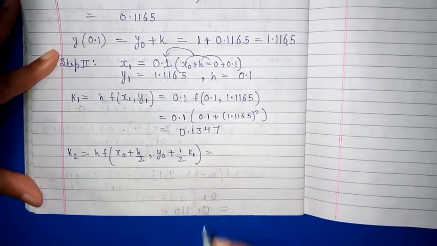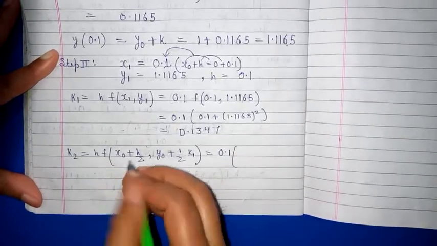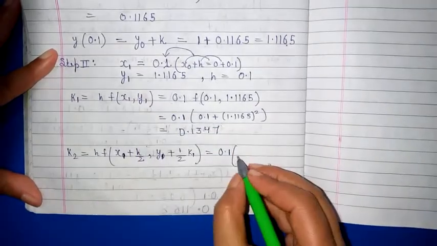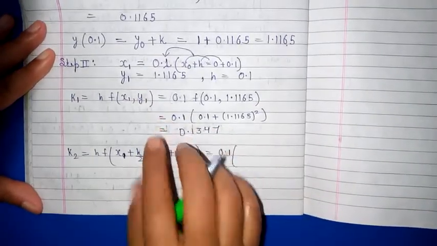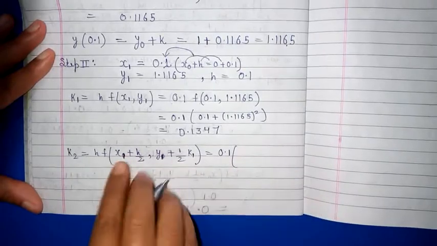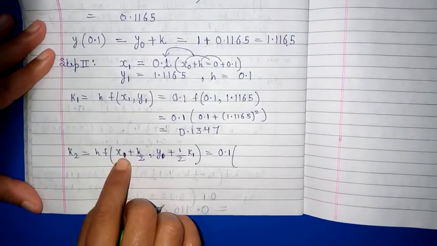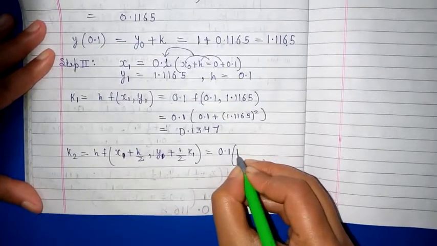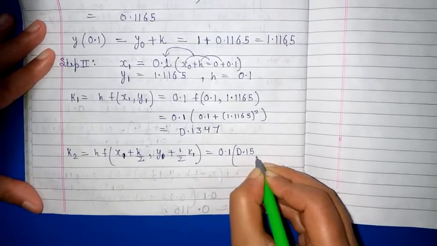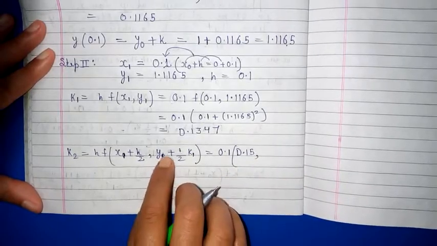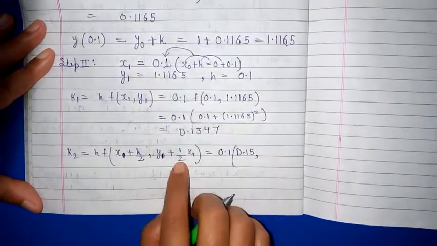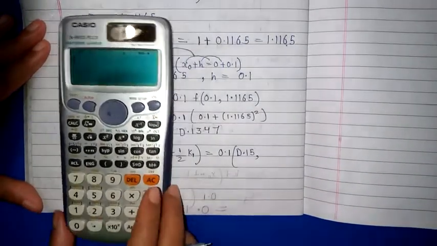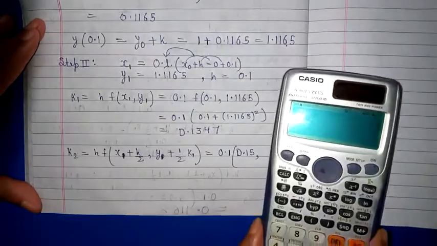Now here it's x1, sorry, x1. So x1 is 0.1, and if you put 0.1 plus h, which is 0.1 by 2, then you will get 0.15. And if you substitute y1, which is 1.1165, and half of this k1. See, first what we will do, half of k1.